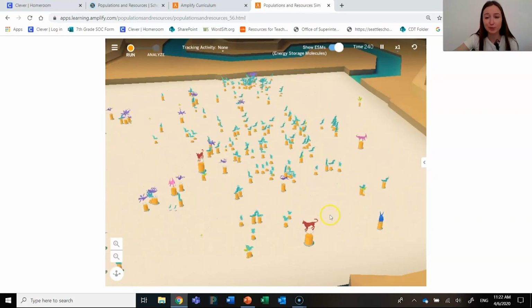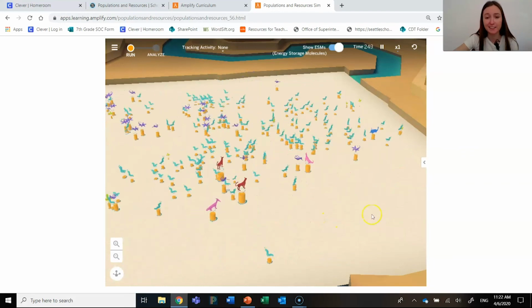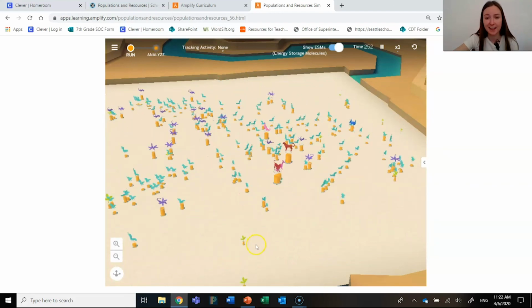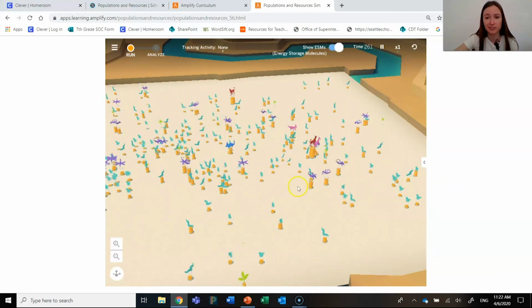Only 2 scale beaks here. So our scale beaks are really decreasing in size. Their population is starting to really disappear.